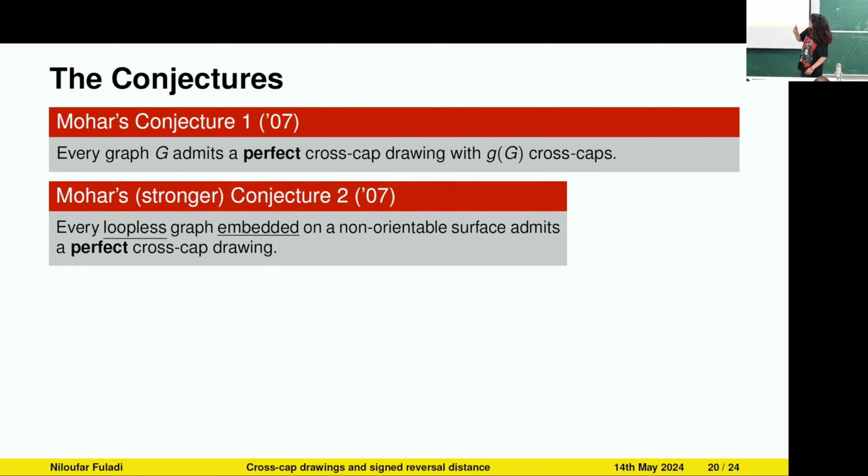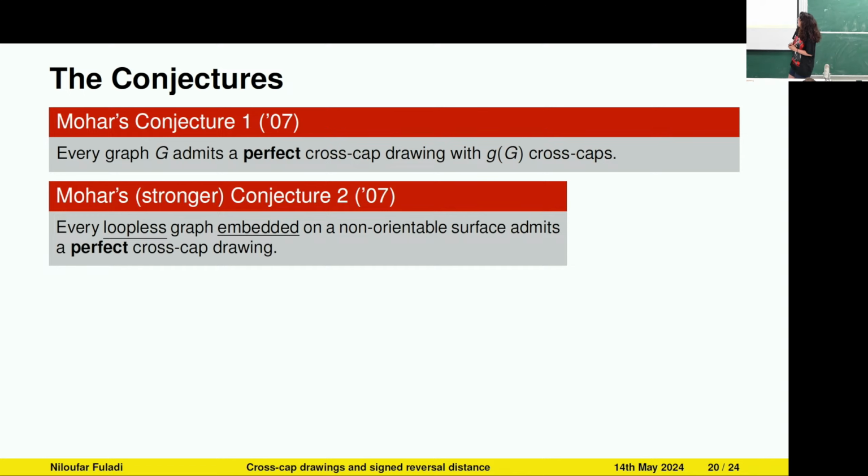Now, let me tell you about other conjectures of Mohar. Mohar has a lot of conjectures. The first one is the one you saw. There is a stronger version that says every loopless graph embedded on a non-orientable surface admits a perfect cross-cap drawing. The difference is that in the first one, the embedding of the graph is not fixed. You are given the graph, and you can think about any embedding of this graph with minimal genus.